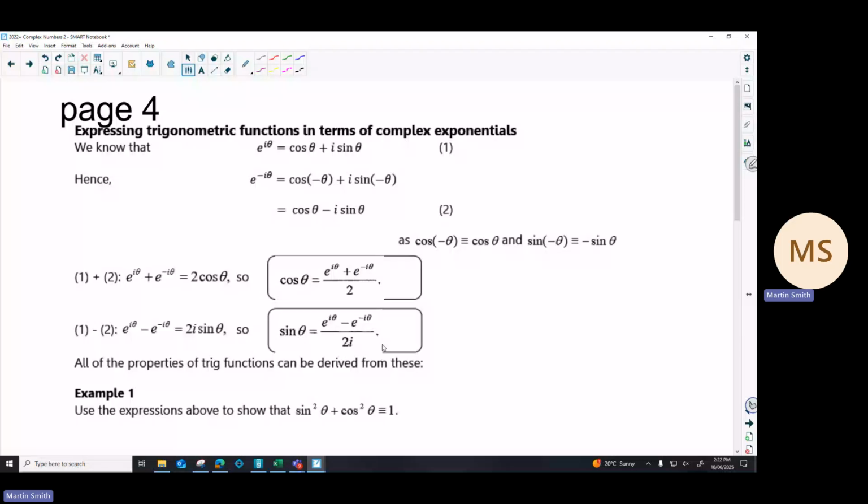Exponential form of complex numbers, which we're really doing now because we're going to need this a little bit later on. So we have this new identity, Euler's identity, which is e to the i theta is cos theta plus i sine theta.